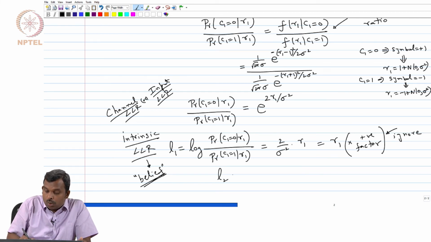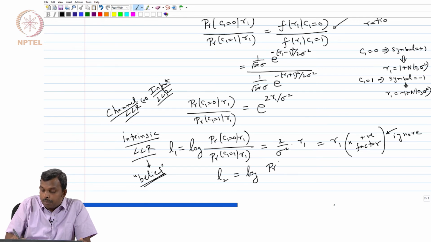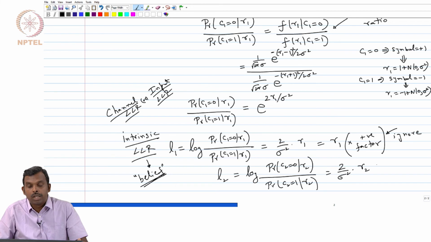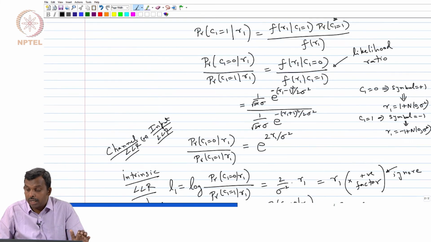Likewise L2, let me write this down for L2 alone: probability of C2 equals 0 given R2 divided by probability of C2 equals 1 given R2 will also work out as 2 by sigma squared times R2. The same thing for L3 as well, one can write down an expression for L3. So this is the input log likelihood ratio.